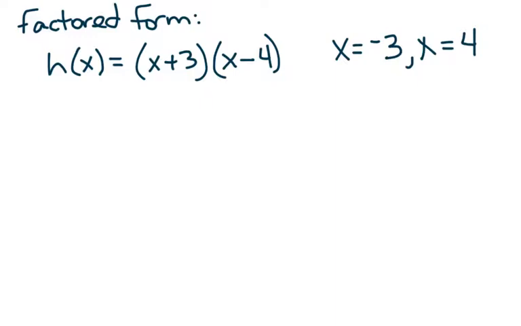We don't want to have to distribute this whole thing out. So what we need to remember is that to get the first term of a standard form equation, we multiply our variables in our factors. So x times x is x squared. Well, the degree then would be a 2, so the maximum number of real zeros I can have is 2. Go ahead and put h of x in your calculator and check that.